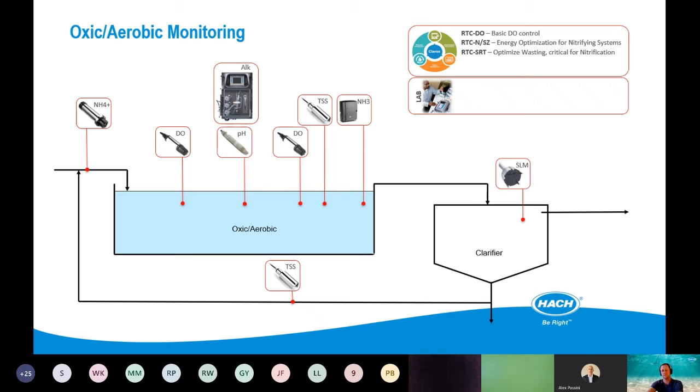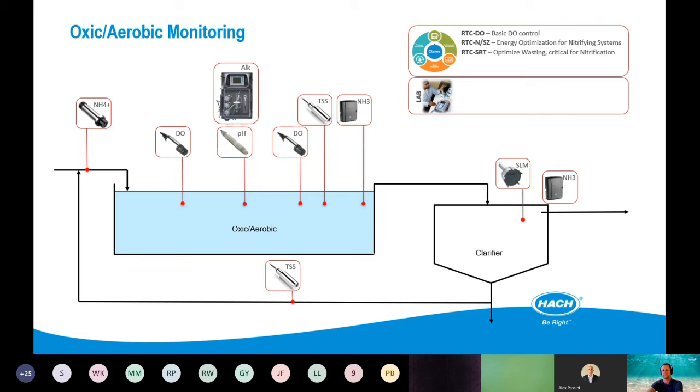So secondary clarifiers, we have blankets in secondary clarifiers, and one thing to note is that there is great instrumentation out there to help us manage in real time what the blanket level is with the Sonotax from Hach. And then as we move through the process, we're checking what's coming out of aeration systems.